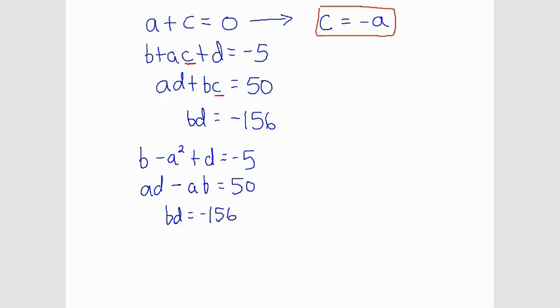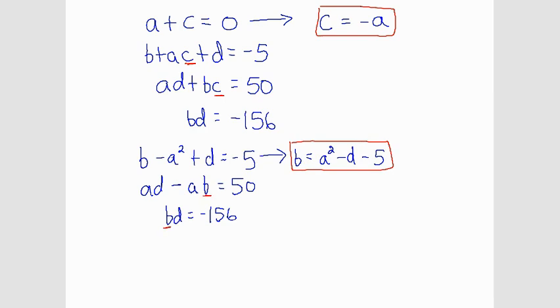Okay. Now let's try and figure out another variable to solve for. Let's solve for b on this one. So b is equal to, well, we'll add the a squared to the other side, so a squared, and we'll subtract the d, and then we have minus 5. We will sub this b in here and here.